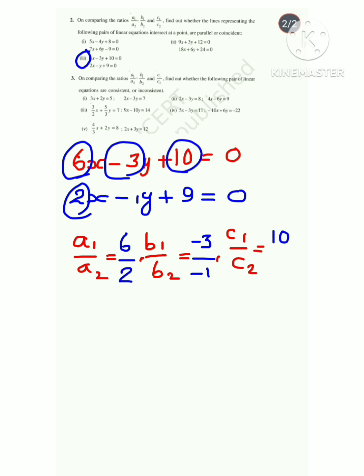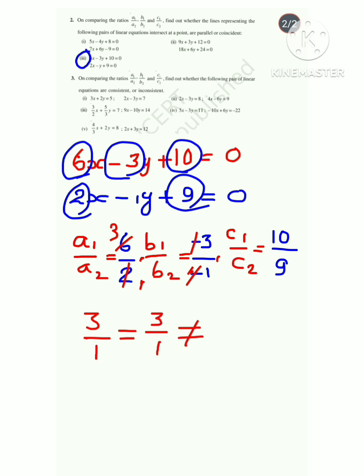C1 equal to 10 and C2 equal to 9. Now here 2 ones are 2, 2 threes are 6, and this minus and this minus will be cancelled. So from here we can write 3 by 1 equal to 3 by 1 not equal to 10 by 9.